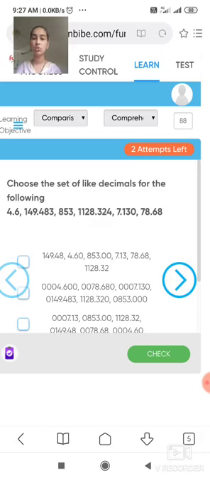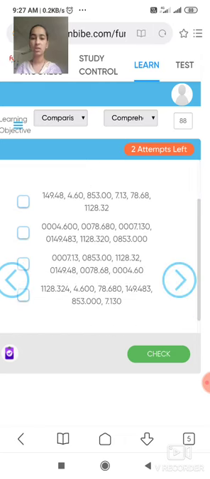We have to choose the set of like decimals among these. Okay, now in the first example, 149.48, the number of digits after the decimal are the same in all.